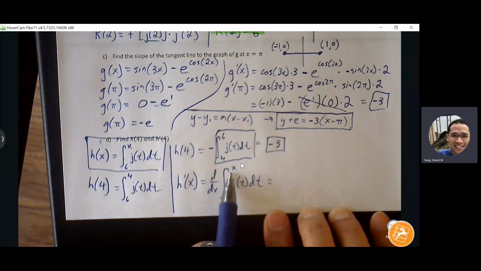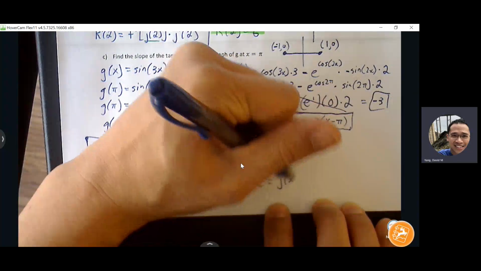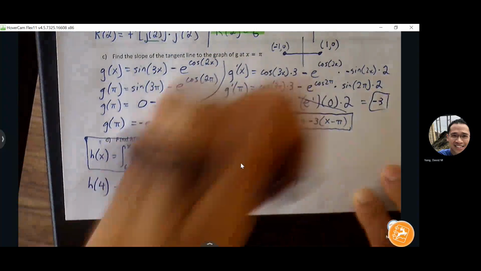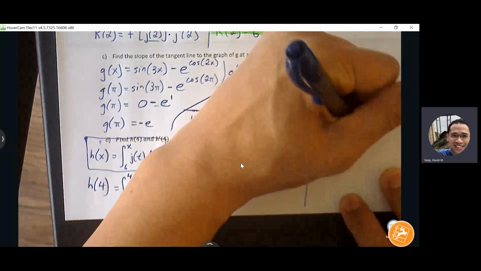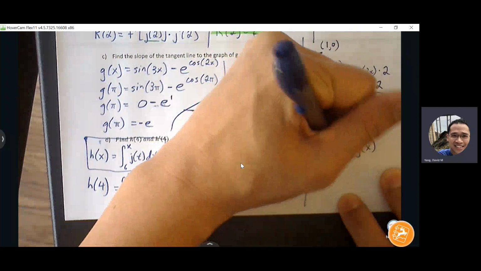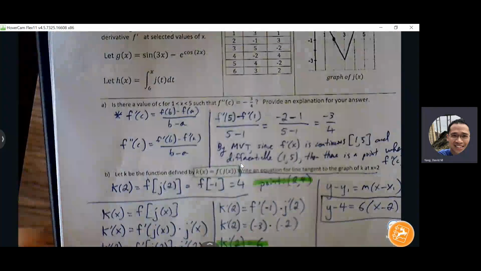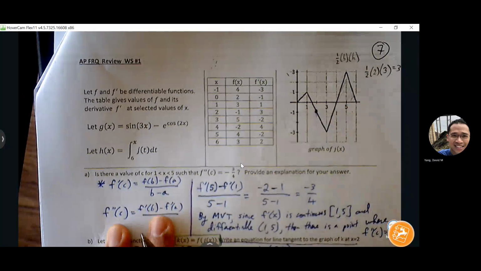So derivative and integral on top of the same function will go away. The only thing that gets replaced is the upper bound for t. So this is just equal to what? J of x. So h prime is simply j of x. H prime of 4 is simply j of 4. J of 4 is equal to 0.